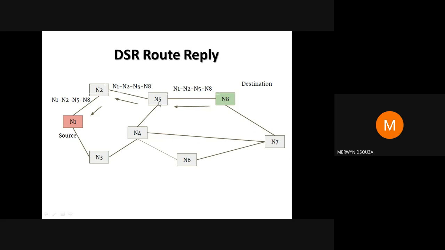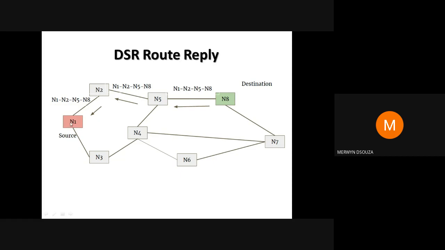When the packet reaches N5, it knows the next node on the route is N2, so it forwards the packet to N2. Once the route reply packet reaches here, N2 knows that the next node the packet has to be forwarded to is N1. So it forwards the route reply to N1.